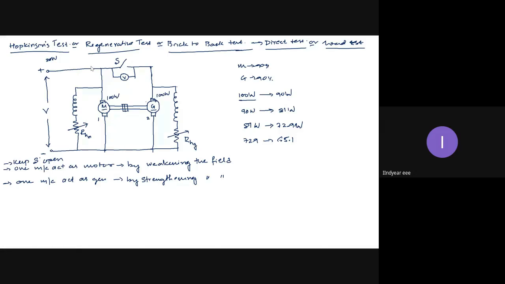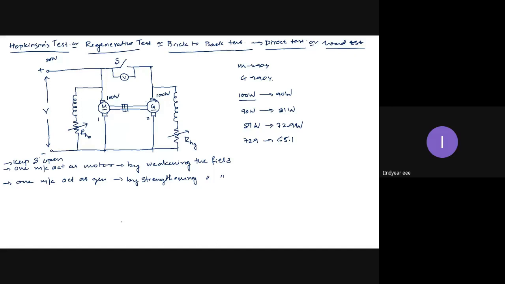Okay, so what we are doing in the Hopkinson test, we are using two identical machines. With the two identical machines, we make one machine operate as motor, the other as generator. And we follow a certain procedure to find out the losses and then to calculate the efficiency.